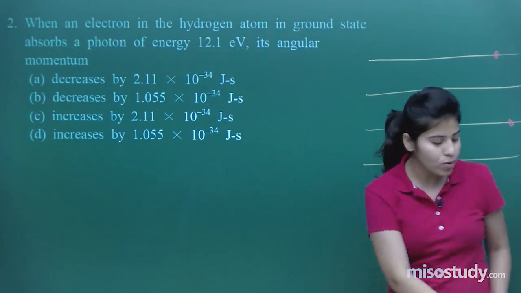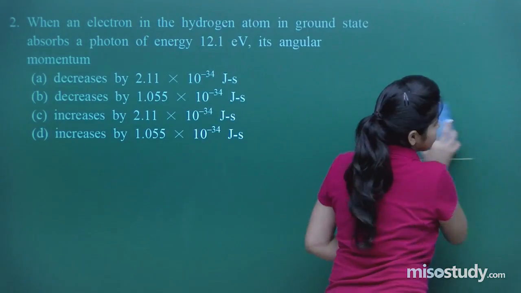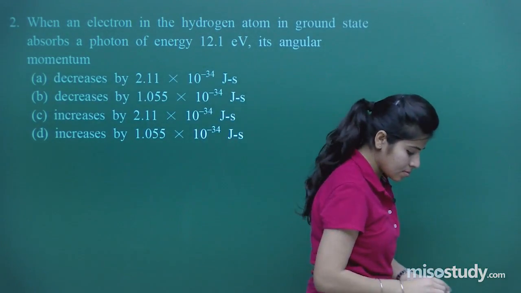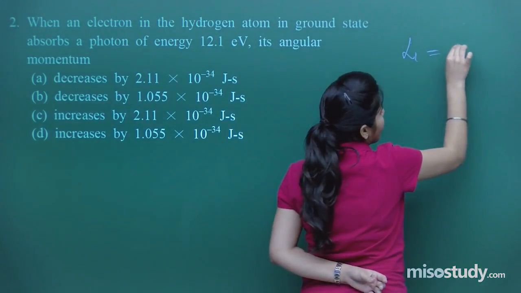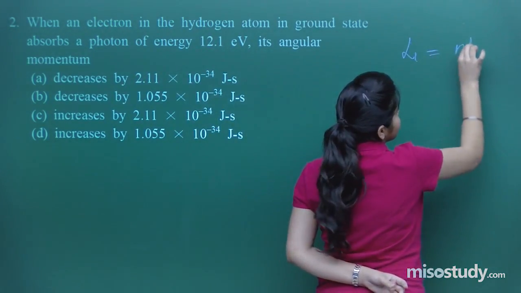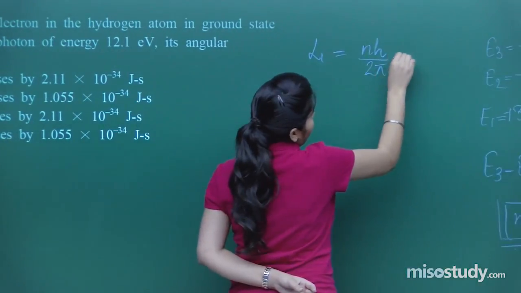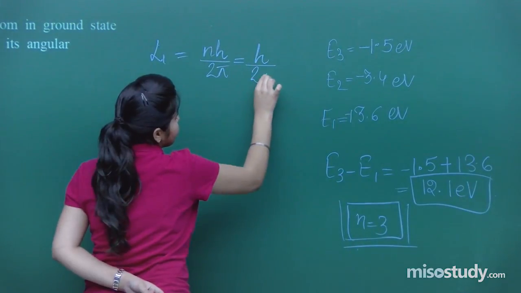Let me start by writing the angular momentum. Earlier, in the ground state, your angular momentum was nh upon 2 pi, where n is 1, so that is h upon 2 pi.